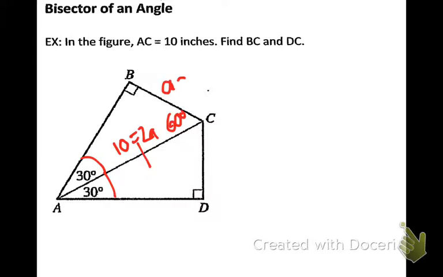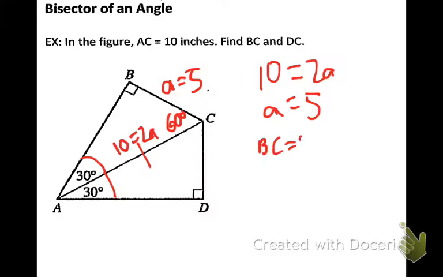A equals 5, because if 10 is 2A, A equals 5. And A is the side across from the 30. So if BC equals 5, then DC corresponds to it. DC equals 5. All right, any questions there?